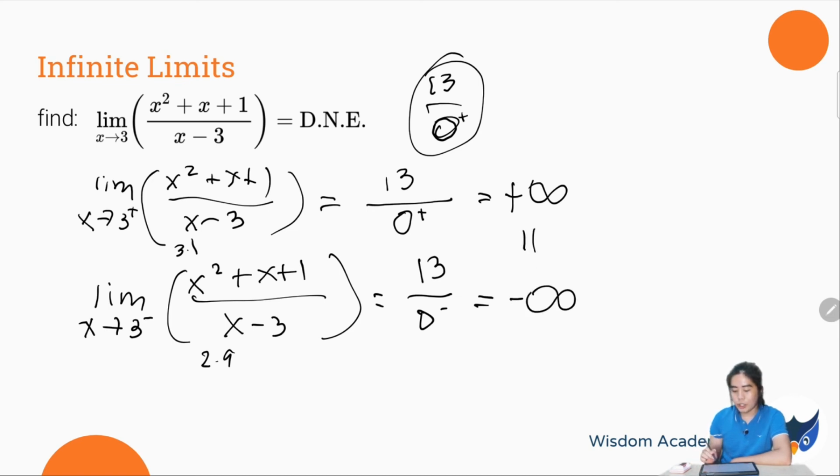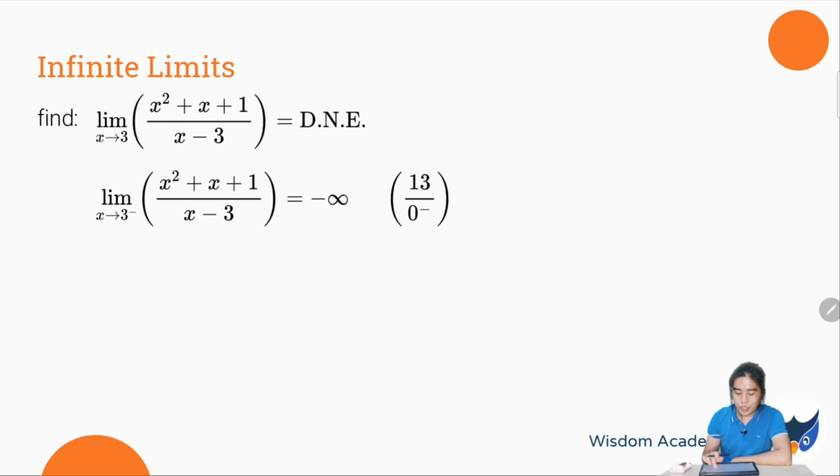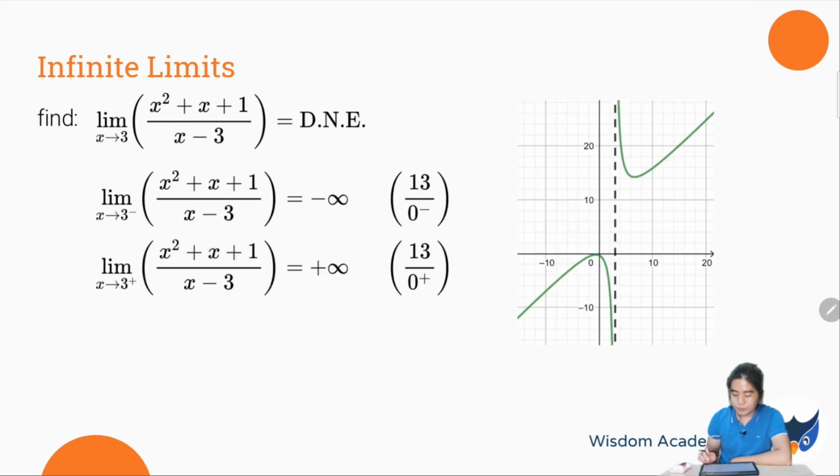And since hindi equal si from the right and from the left, tama pa rin na does not exist lang yung notation natin sa limit. Okay? And if we remember its graph, tama naman na if from the right, papunta siya sa positive infinity. And if from the left, papunta siya sa negative infinity.